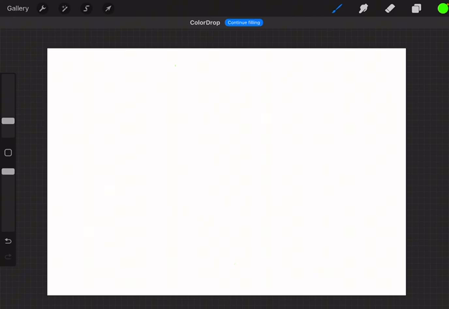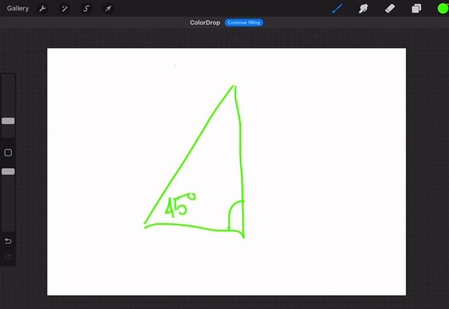So our next problem is going to be this. 4 is the hypotenuse. So we know that 4 is the hypotenuse, and to get one of the legs from the hypotenuse, you need to divide it by the square root of 2.